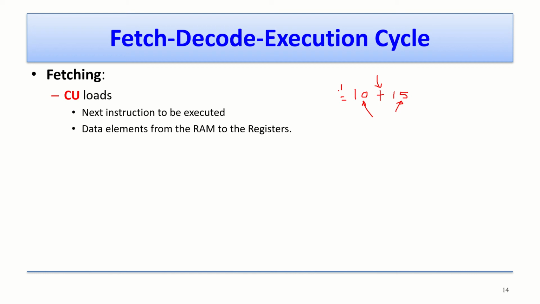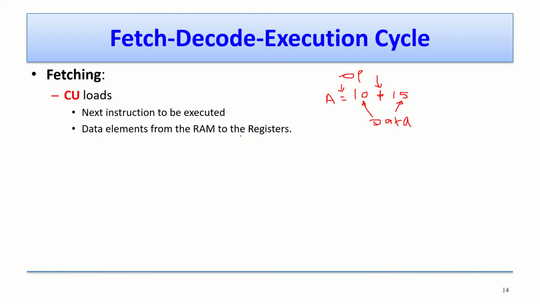These are the operations: the addition, and assigning the answer to a particular variable, say a, that is, take the addition and assign it to another memory location. So the control unit loads the next instruction to be executed, and the data elements from the main memory to the register.